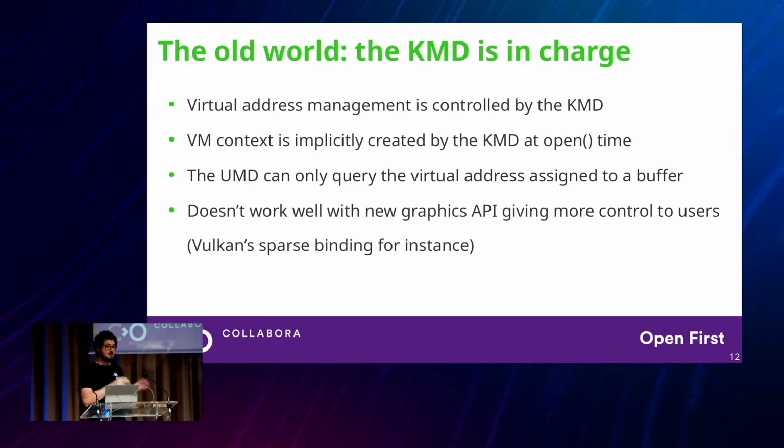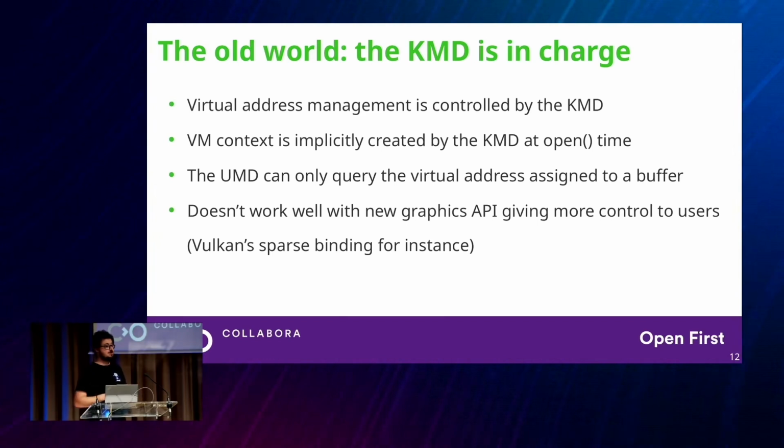You just allocate the buffer, and you don't have to deal with where it is in GPU address space. It's just transparent for you, and when you want to execute some job, you also pass those buffers around, so the kernel driver knows where things are, and it can do the pipe and whatever.